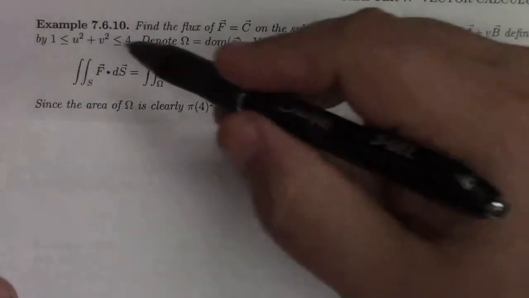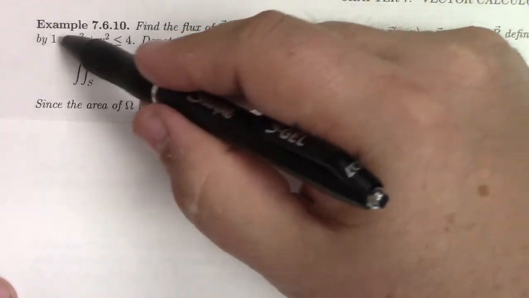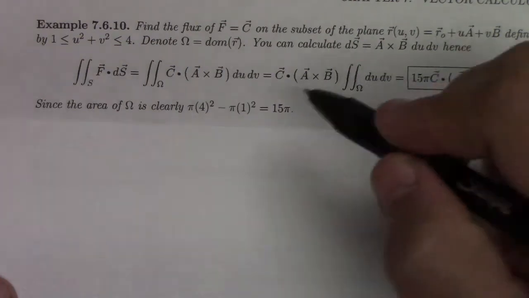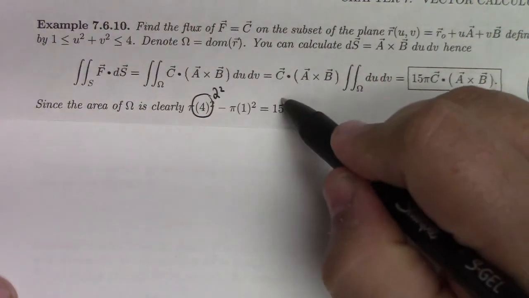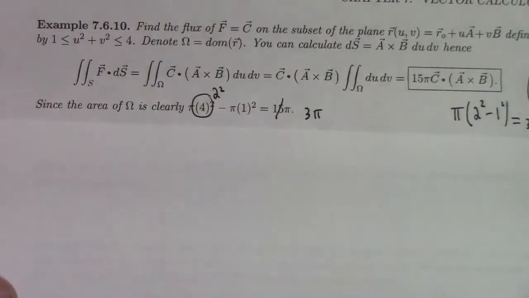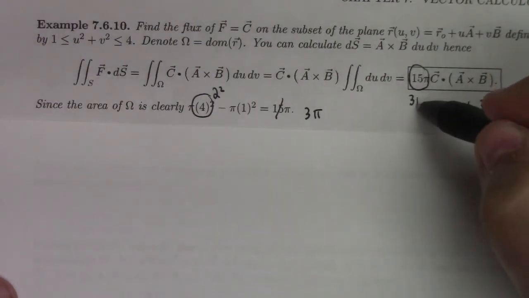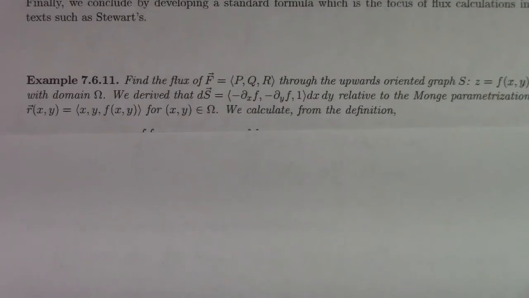If u squared plus v squared is less than or equal to 4, that means that the radius in the UV plane is going between 1 and 2. So I should have 2 squared minus 1 squared. In other words, 4 minus 1, 3 pi. Oopsie. That should be 2 squared. This should be 3 pi, right? Sorry about that. So, typo. It's not a typo, actually. It's a conceptual error. But anyway, I do make them.